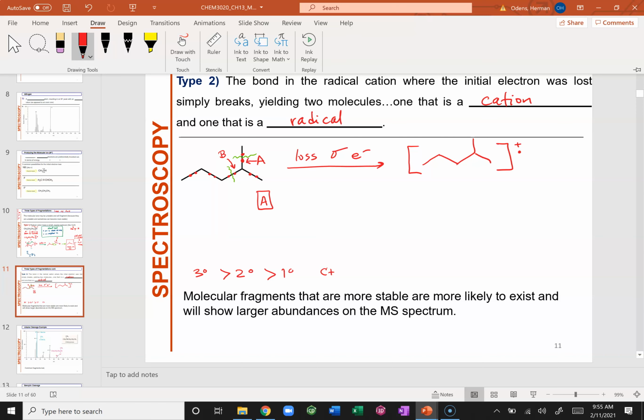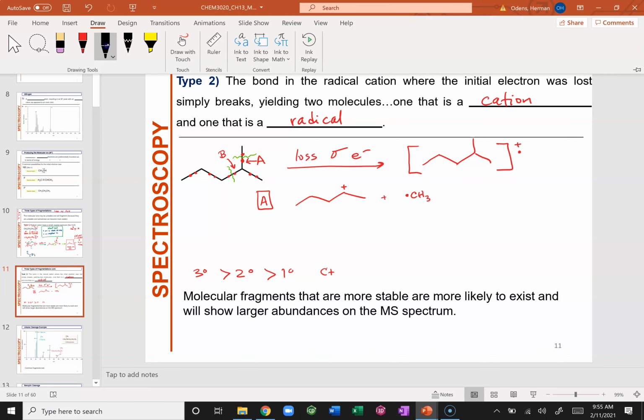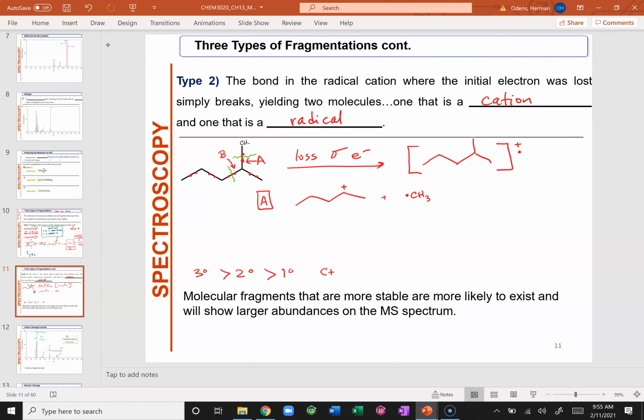All right, so this is gonna look like 1, 2, 3, 4, 5, and a plus here. And I will also get a radical CH3 group, which is the top. All right, you see that, right? This little point here, this is a CH3 group that is there. But because it's linear, I don't want to even put it in there. I like it linear. So this is not seen on mass spec.